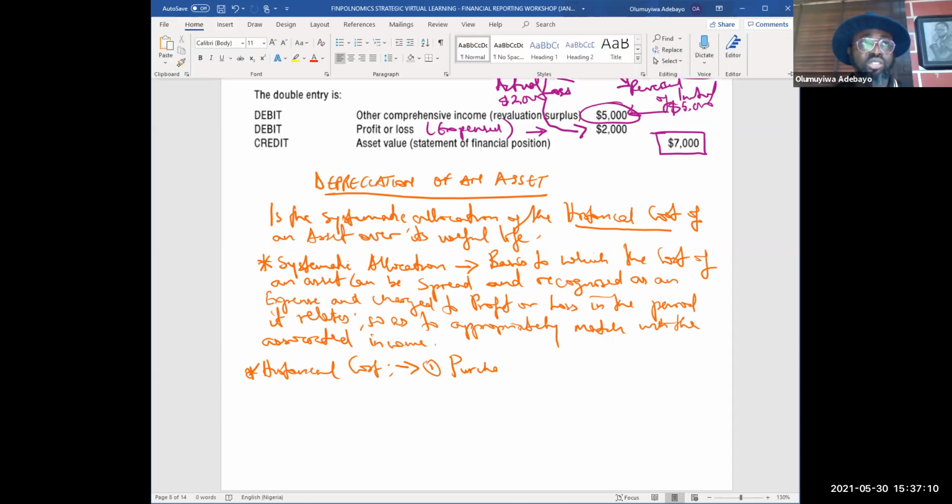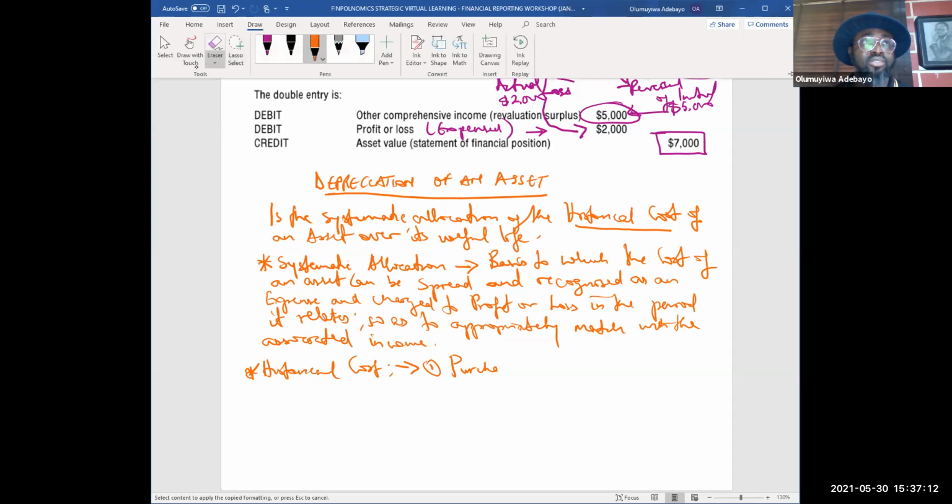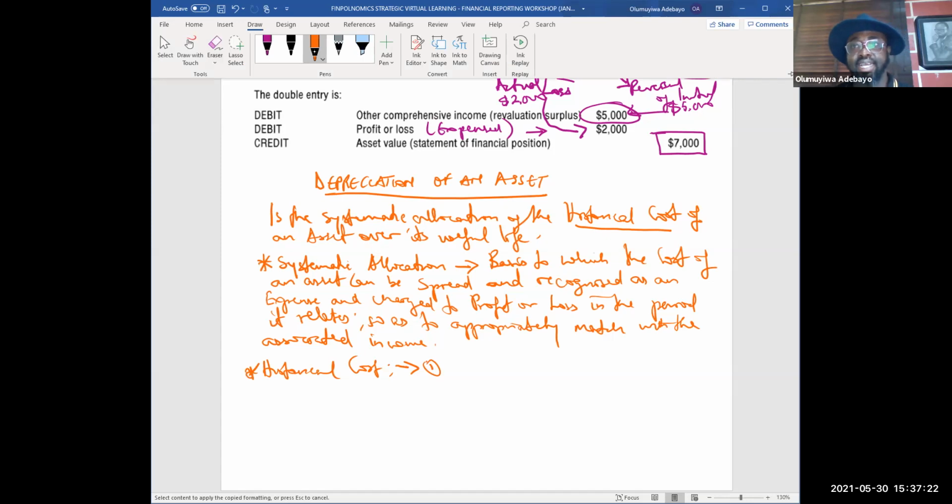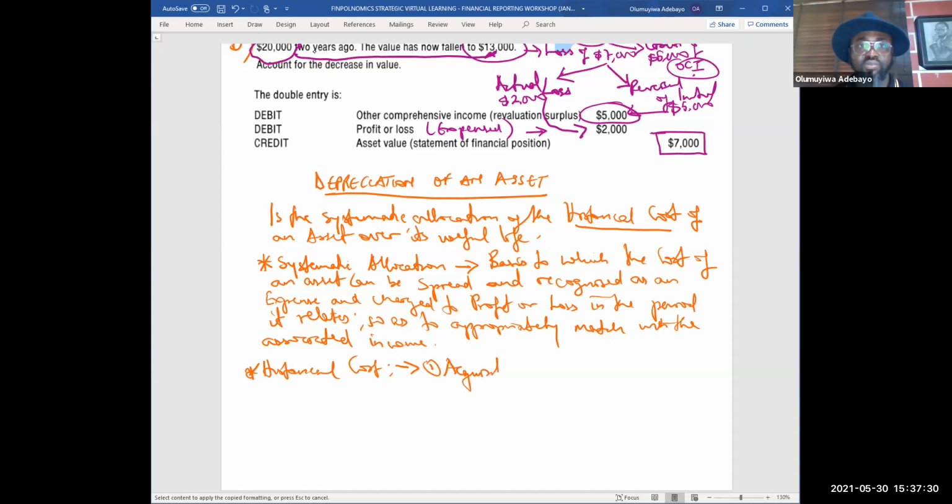Remember, our acquisition cost entails your purchase cost, directly attributable cost, and initial estimates, if you remember our last discussion. Therefore, the acquisition cost which has been incurred in the past has to be spread over the period for which the asset will be put to use.